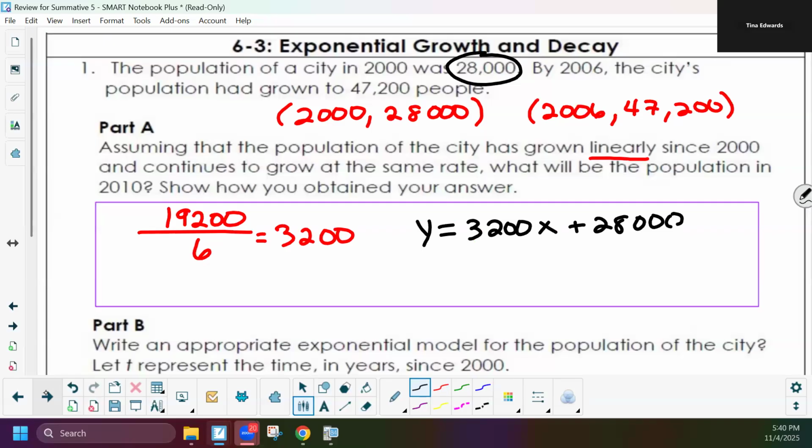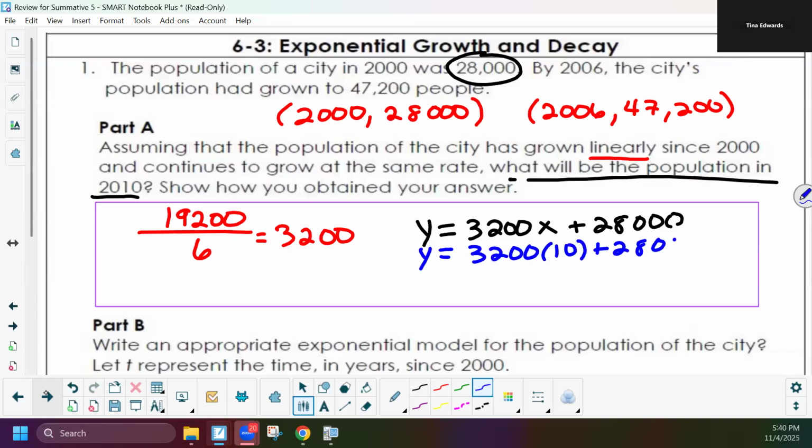Okay, so then it says, if you look at the question, what will the population be in 2010? Well, if we're talking it started in 2000, 2010 would be 10 years. So I'm going to substitute 10 in for X. And if we do that, you get approximately, it's going to round a little bit, it's around 60,000 people.